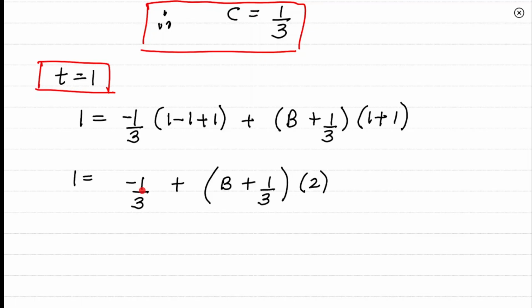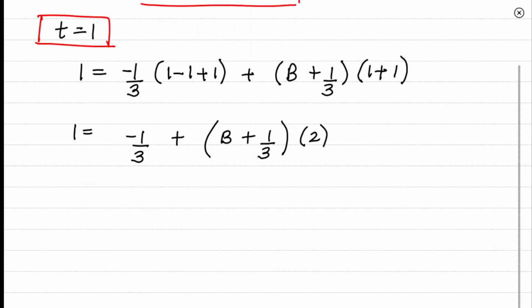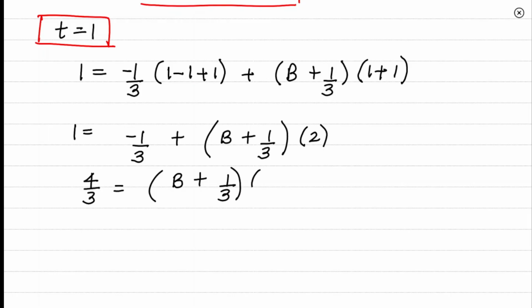This minus 1 by 3, when you take it on left hand side, will become 1 plus 1 by 3, which is 4 by 3, is equal to b plus 1 by 3 times 2. This 2 and 4 can become just 2 over here. So now you can see that 2 by 3 is equal to b plus 1 by 3, which implies that b is nothing but 1 by 3.